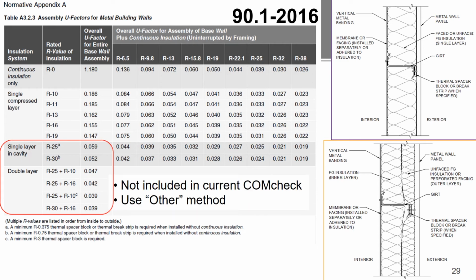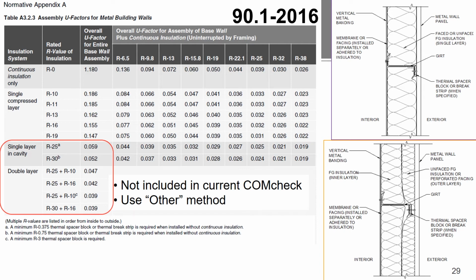So this is not an option that comes up with the current version of the software, version 4.0.5.3. It may come up, or it ought to come up in the next updated version of the software to bring it in line with the 2016 version of 90.1.